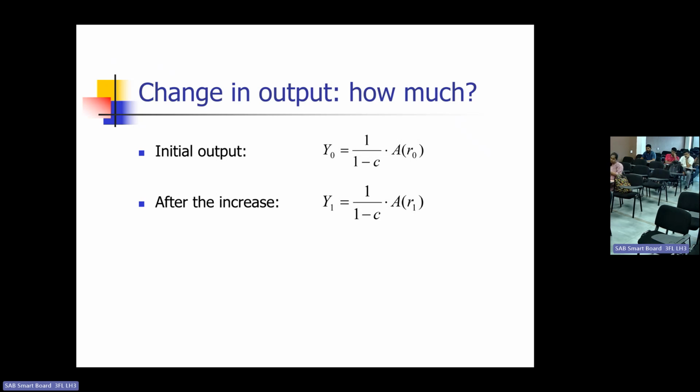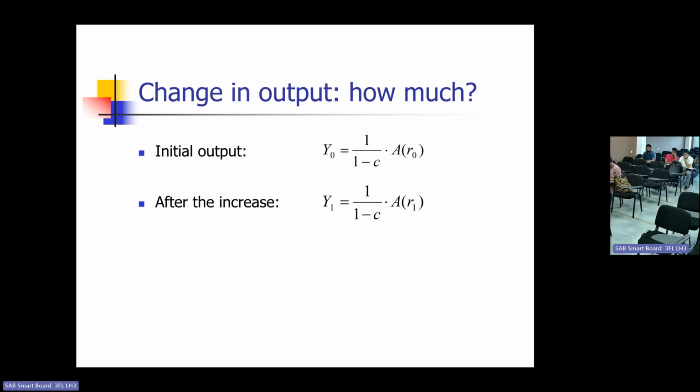Investment may change if there is a change in the interest rate. We assume the interest rate changes from r0 to r1. Earlier the interest rate was r0, now it is r1. When there's a change in the interest rate, investment demand changes accordingly. That will change the autonomous expenditure, and there will be a change in income as well. That's why income changes from Y0 to Y1.